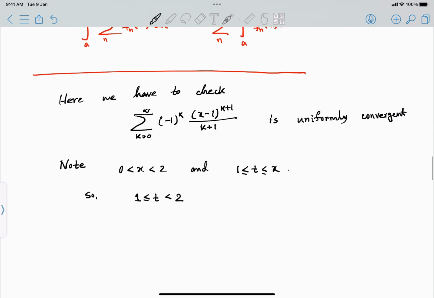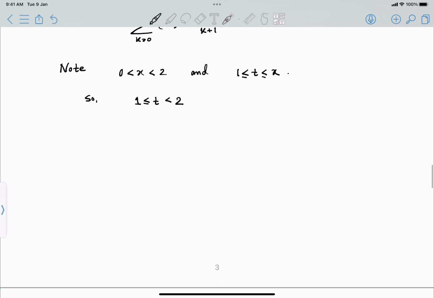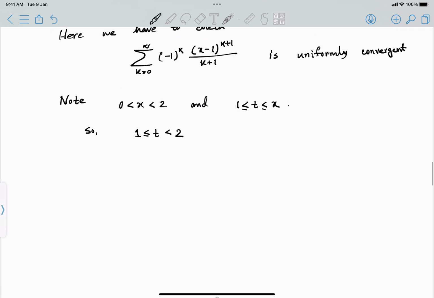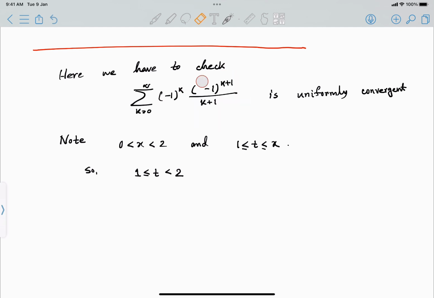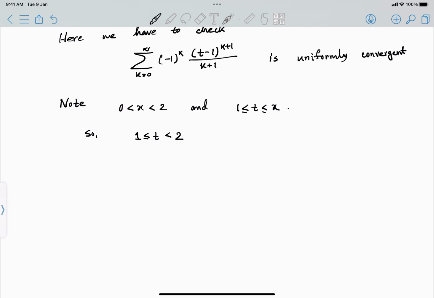And in the series we have t minus 1. Where will t minus 1 lie? Since 1 is less than t, we can write t less than 2 minus delta for some positive delta.